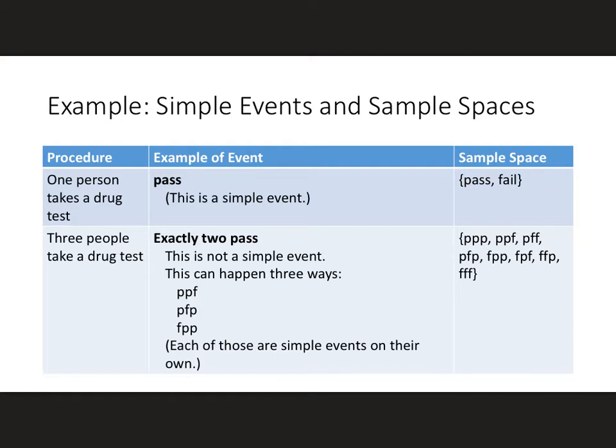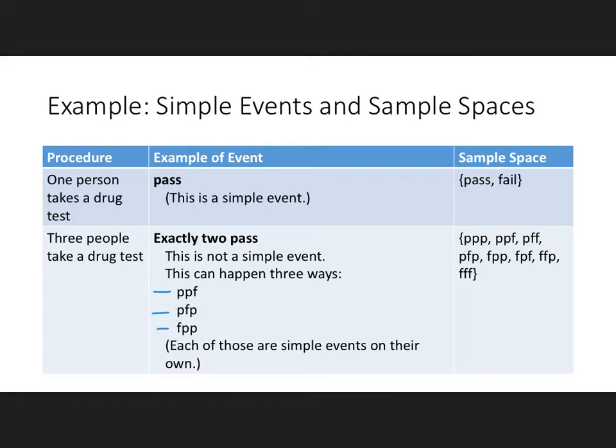Now, what if 3 people take the drug test and exactly 2 pass? This is not a simple event because it can happen multiple ways, and you can see that here. You could have a pass, pass, fail, a pass, fail, pass, or a fail, pass, pass. Each of those are simple events on their own, but if I'm looking at the event of exactly 2 passing, there are 3 different possibilities.